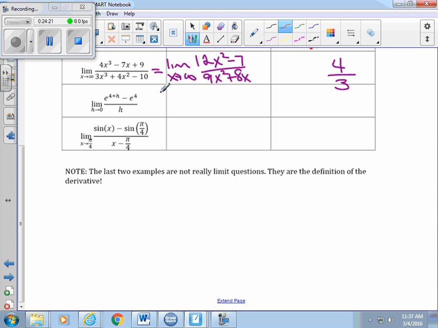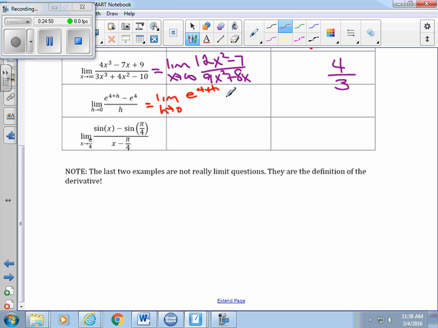So with L'Hopital's rule, do you get 0 over 0? Yes. If h is 0, e to the 4th minus e to the 4th over 0. So I can do L'Hopital's rule. The derivative of e to the 4 plus h is e to the 4 plus h times 1.